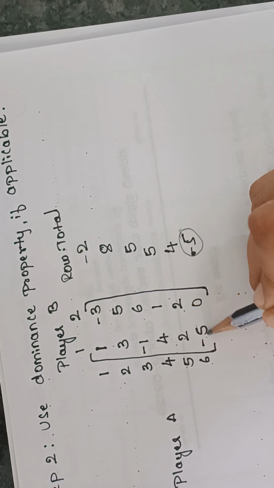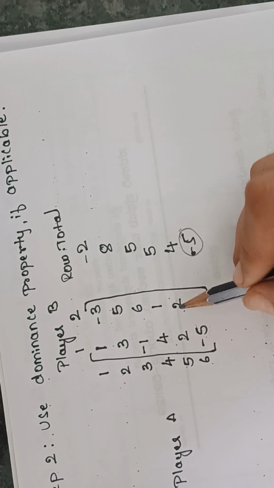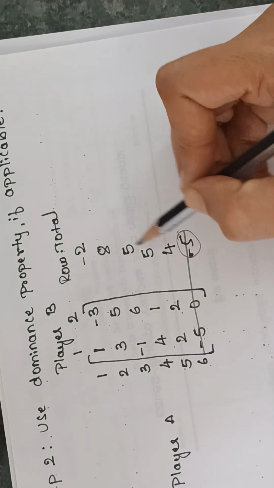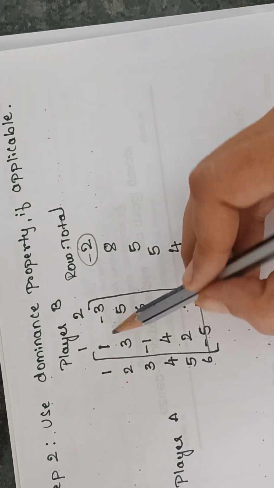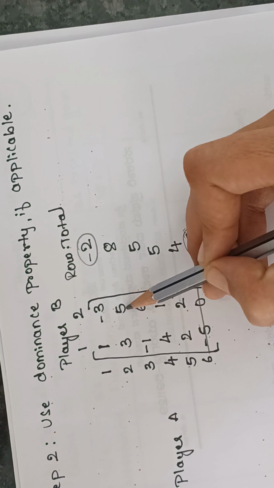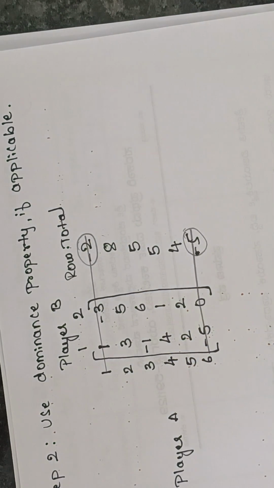So both the elements are lesser than the elements in the next row. Hence, this row is eliminated. Then next, the lowest one is minus 2. Check here. So 1 is lower than 3, minus 3 is lower than 5. Hence, we can eliminate this row.